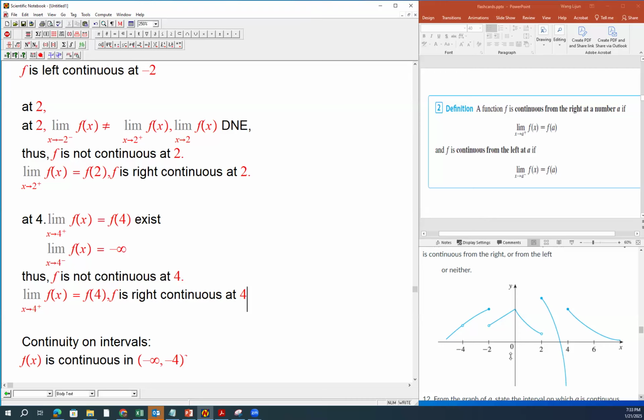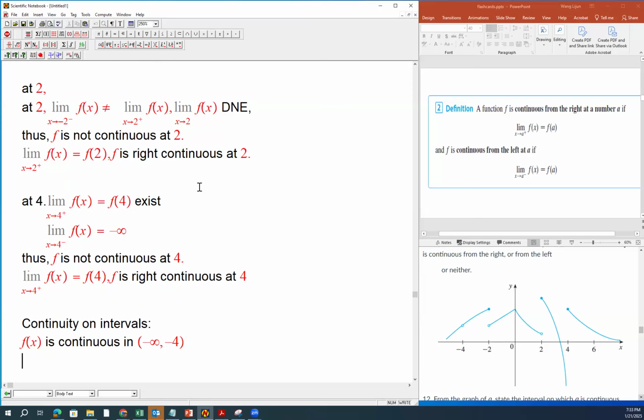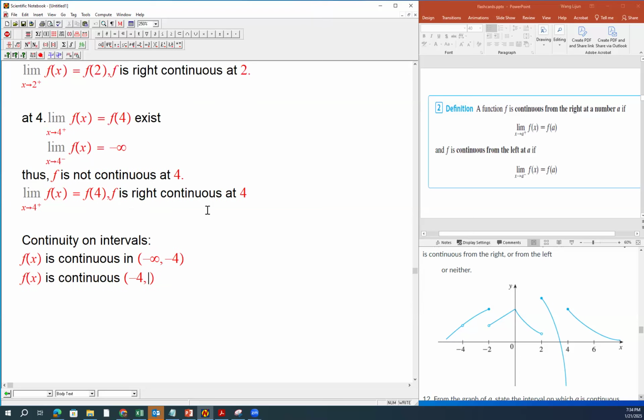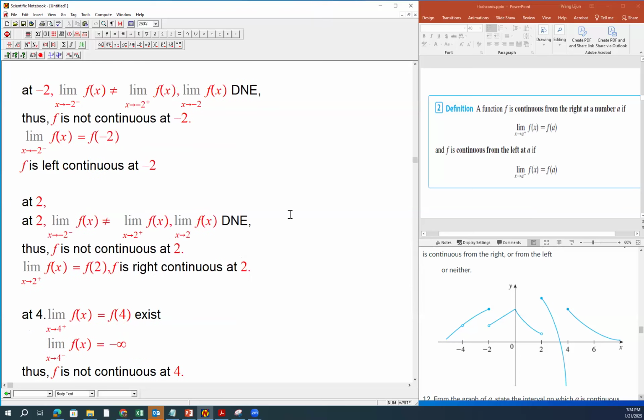From this picture, let's look at the interval from -4 to +2, and we know that f of x is continuous. We know that -4 cannot be included, but on the other hand, it is left continuous at -4.